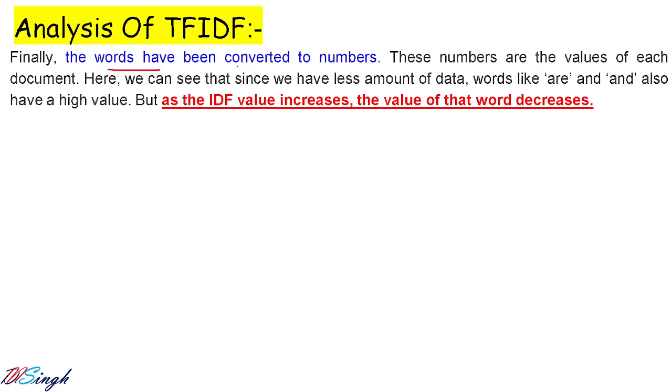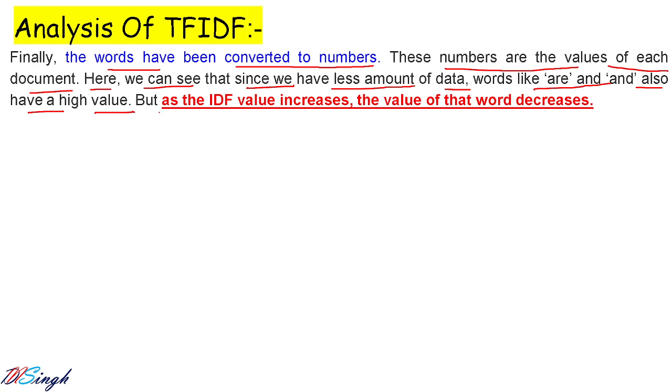Finally, the words have been converted to numbers. These numbers are values of each document. Here we can see that since we have less data, words like are and also have a high value, but as the IDF value increases, the value of that word decreases.